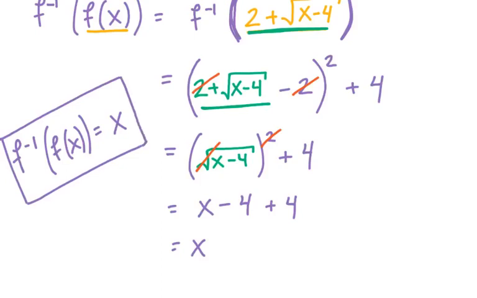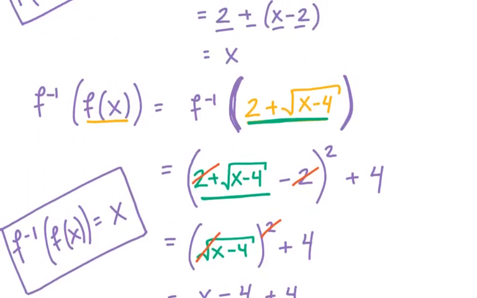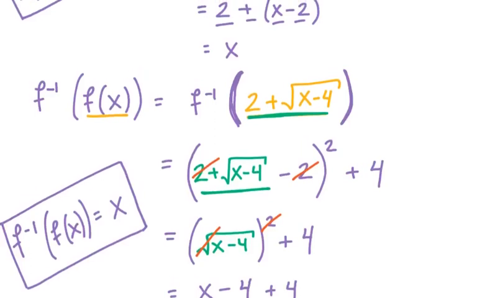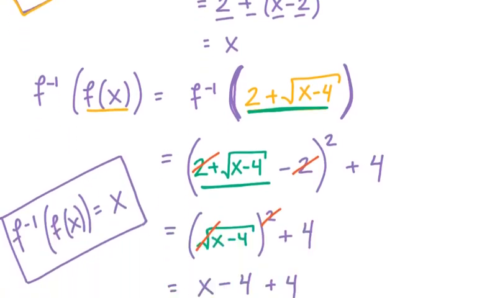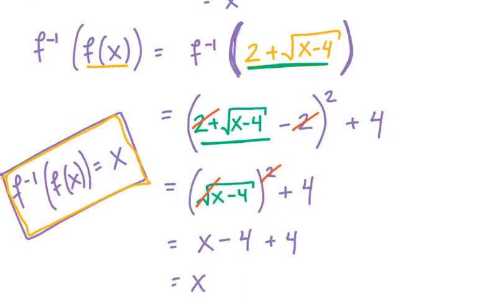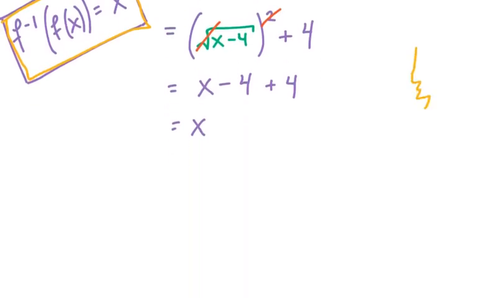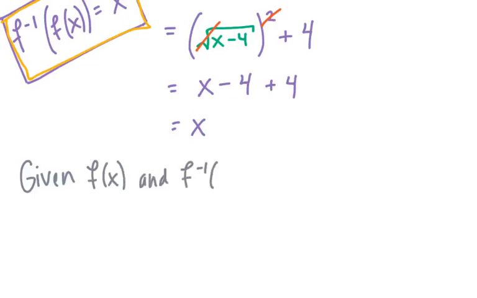Turns out that what we're finding right here is a special relationship with functions and their inverses. So just to draw your attention now, when we compose f and f inverse, we get x. When we compose f inverse and f, we also get x. So I'll end with kind of making a statement of fact here, which is that given f of x and f inverse are inverse functions, right?